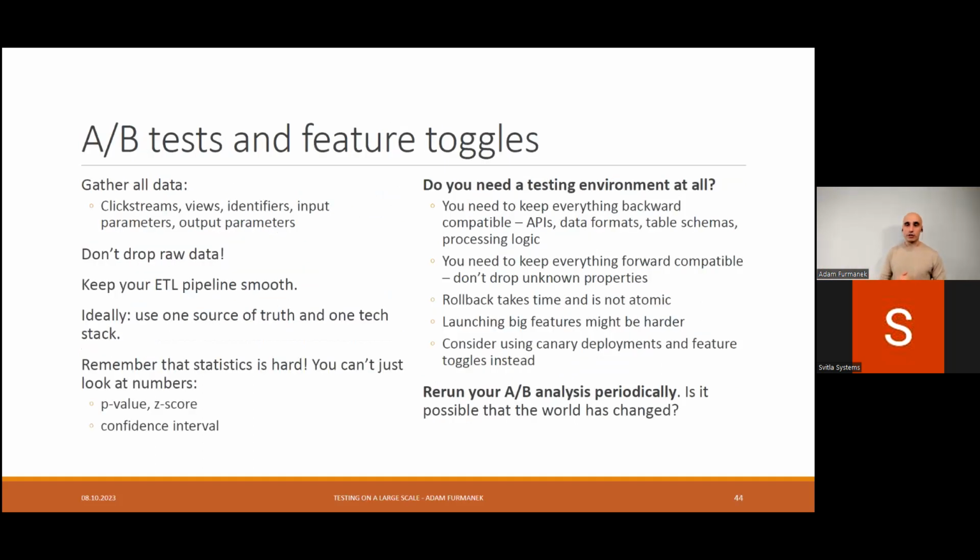Now, another thing that we can do is, instead of even testing the application before going to production, we can use A/B tests and feature toggles. Whenever we build a new solution, we can deploy it to production without testing it at all. Some companies actually don't even have testing or pre-production environments at all. What they do instead is blue-green deployment.